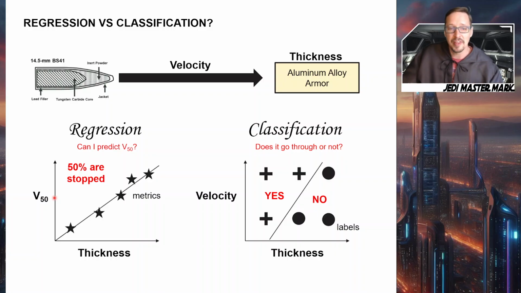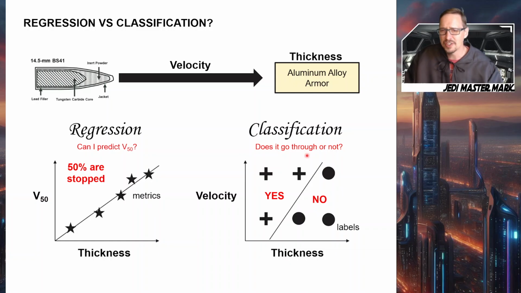So you can think about it either way if you're designing weapon systems or designing armor, for instance. And you may want to predict this critical velocity, and so these are really going to be metrics. So the velocity of a bullet can scale depending on how thick the armor is, for instance.